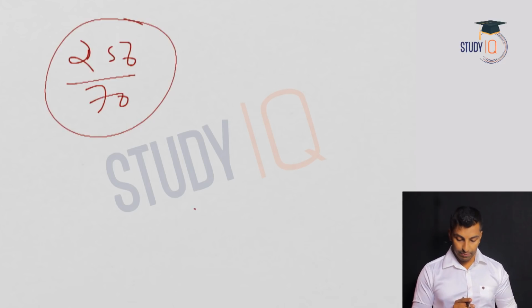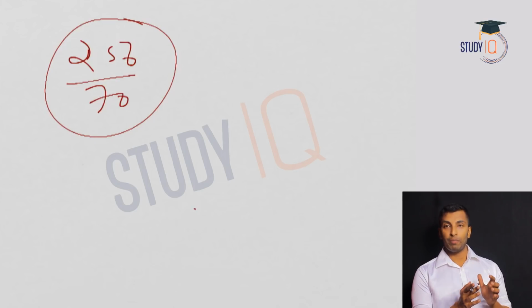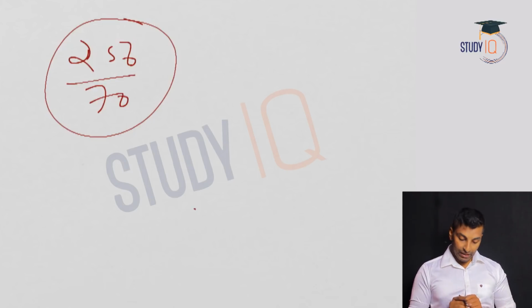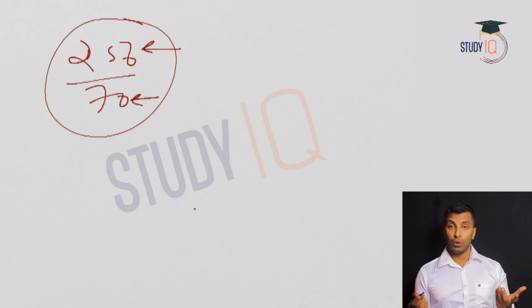Let's say 256 by 70. I'm taking a very simple, random number, 256 by 70. What do I need to do? I need to remove all 100%, 50%, 25%, 10%, 0.1%, etc. from the numerator. 100% of what? 70. The numerator is big, right?